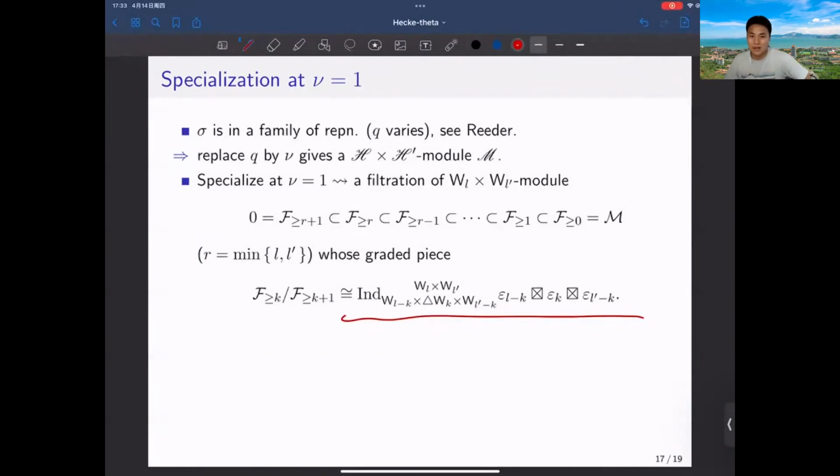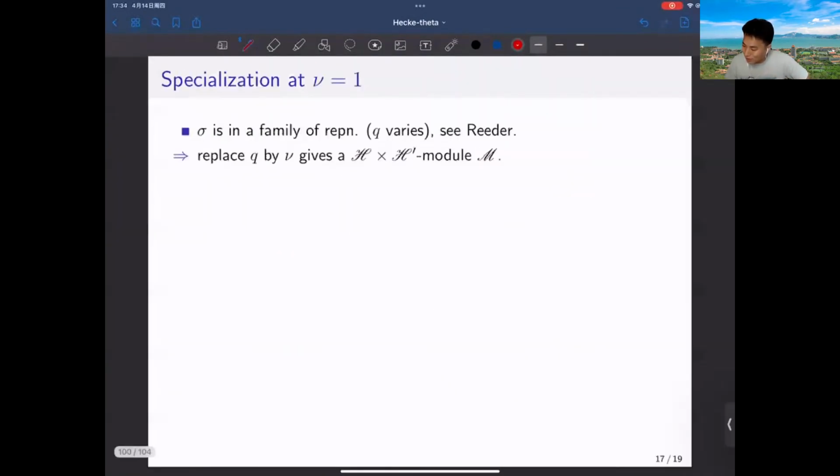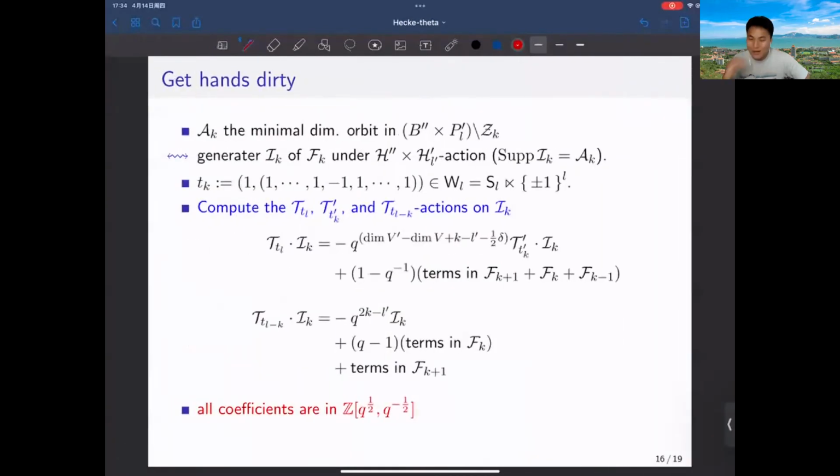So there is of course a lot of technical detail, and I would like to say that in some sense we only need to know the terms inside the brackets have coefficients in, say, q to the power of plus or minus half. But actually, my collaborators were able to work out a very precise formula for the coefficients of these terms, which can also confirm this is true.